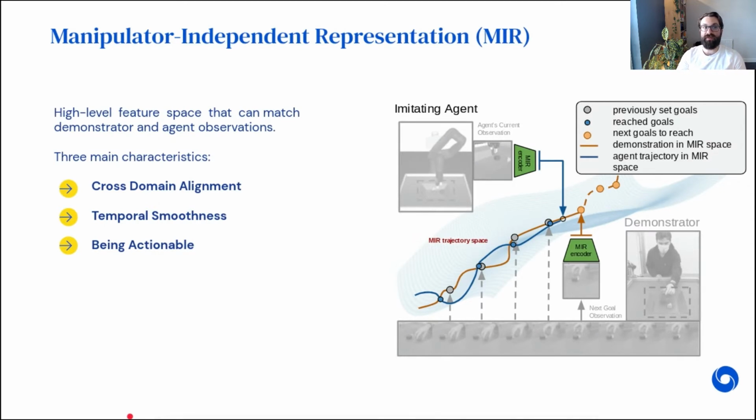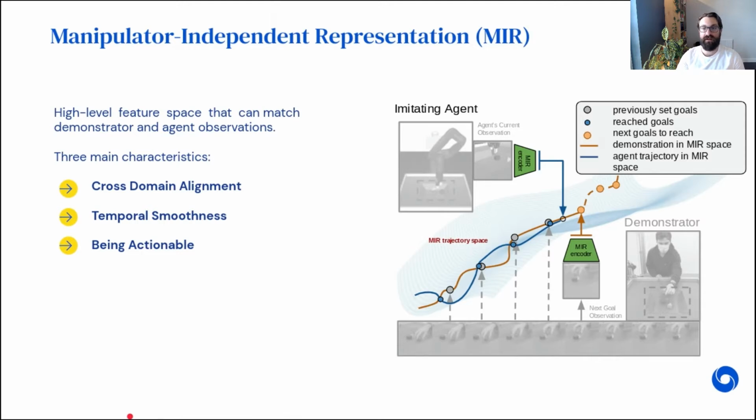And the most important part of visual imitation by trajectory tracking is to have a high level feature space that can match demonstrator and agent observations. For this, we reckon there are 3 desired characteristics for such an observation space. First, it's cross-domain alignment: observations that are semantically similar in two domains should map to the same representation.